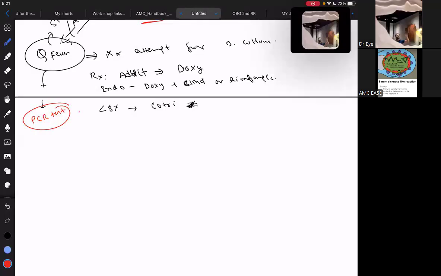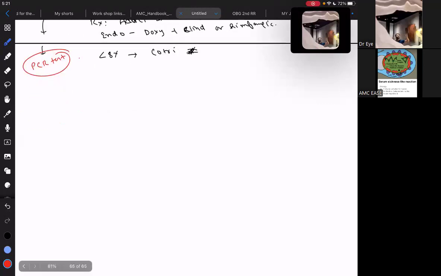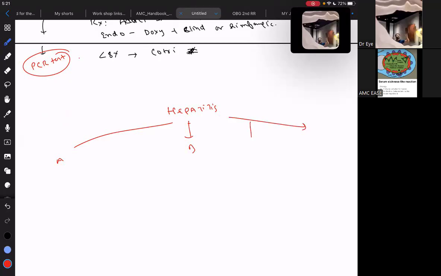Please remember that if we talk about hepatitis, we have hepatitis A, B, C, D, and E. Hepatitis A and E, those which are at the extremes, have the fecal oral route.